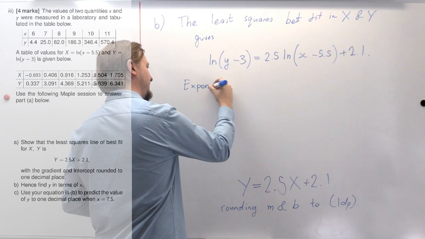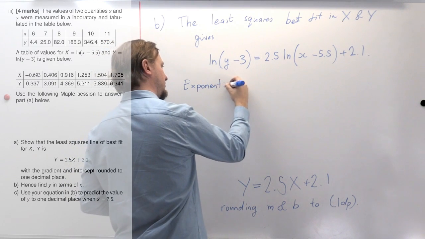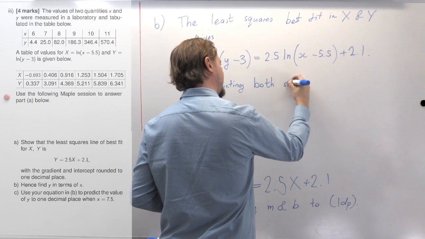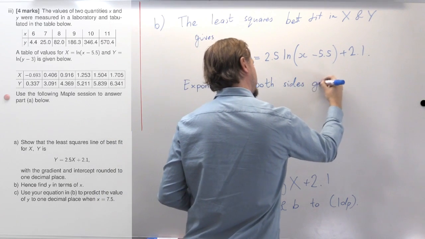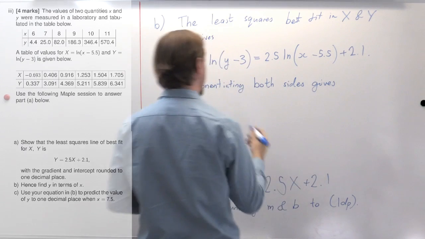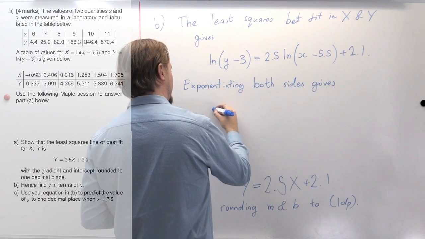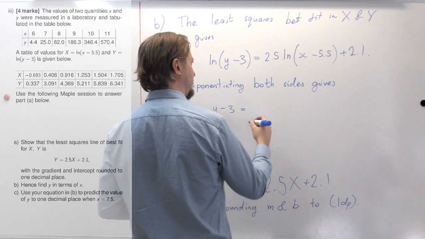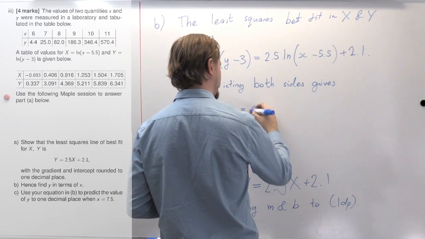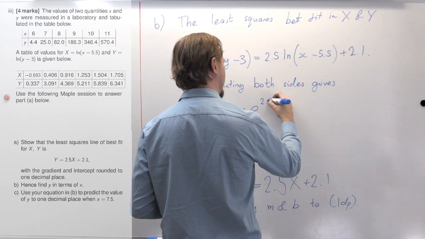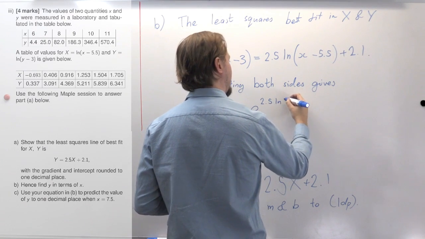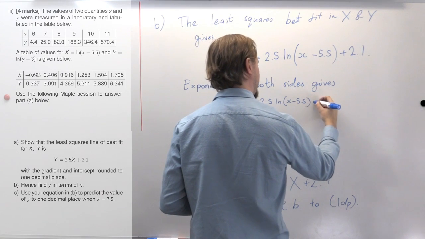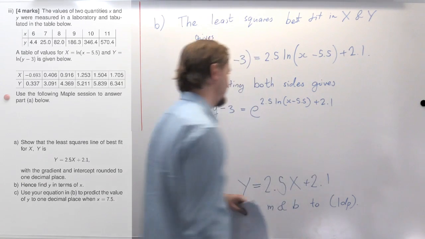So exponentiating both sides gives me that y minus 3 is equal to, in this case, the exponential of 2.5 log of x minus 5.5 plus 2.1.